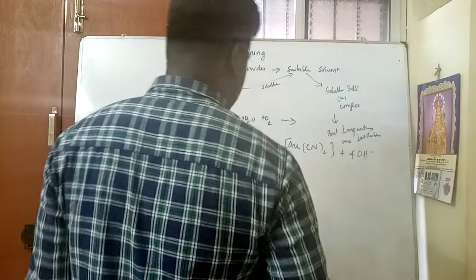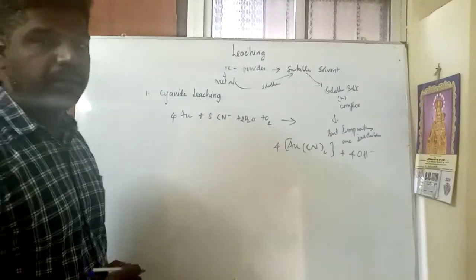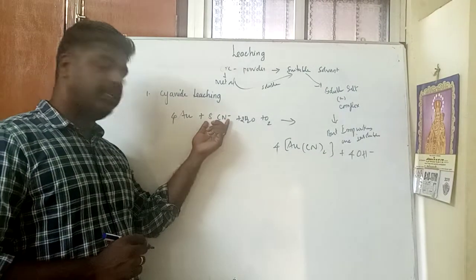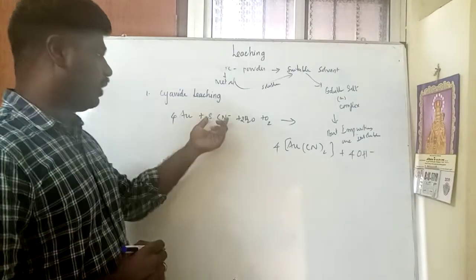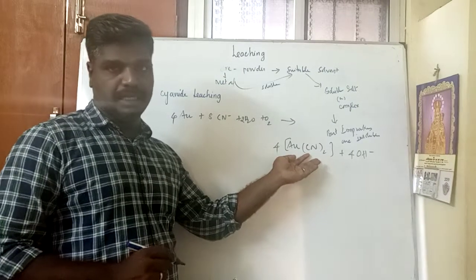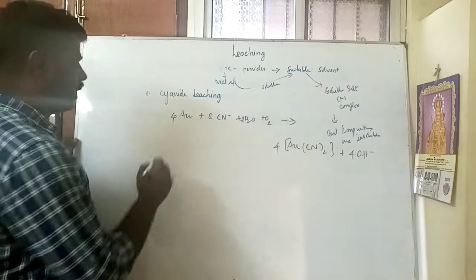So this is the method. The ore soluble in a solvent like potassium cyanide, with a little amount of water and oxygen, forms a complex. We can use this type of equation also.